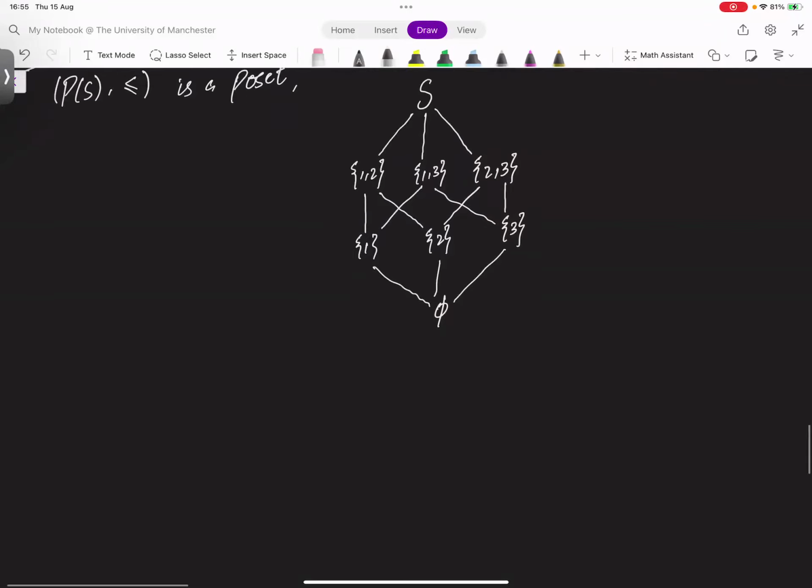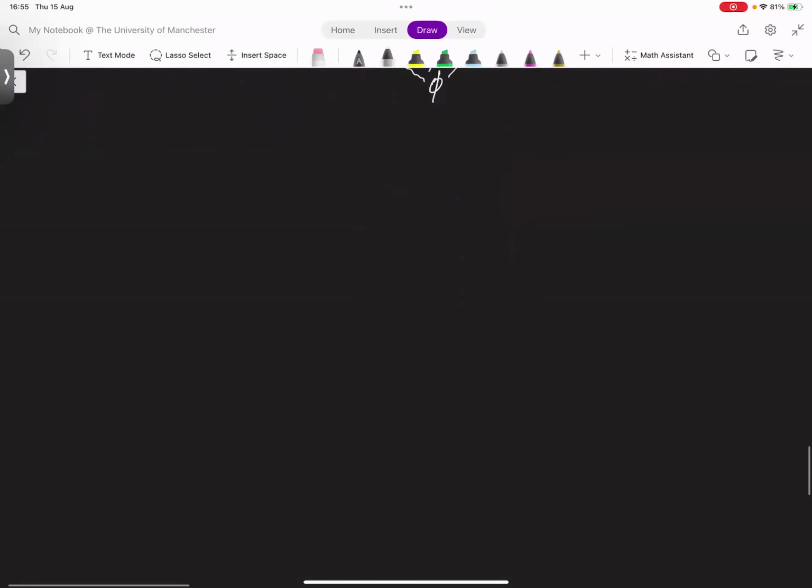Then we have a definition about the maximal elements. So let's define that.